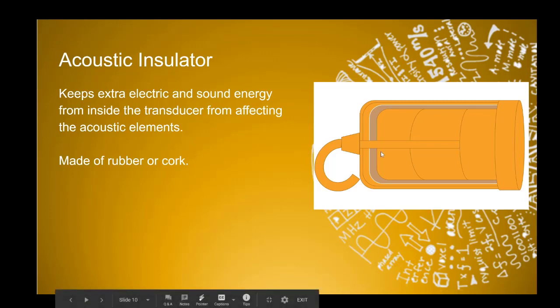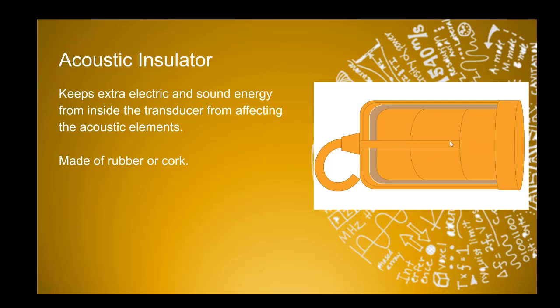The next layer out is the acoustic insulator. That again keeps electric energy and sound energy within the transducer from affecting the acoustic elements. So there's electricity coming in through the wire. There might be some extra ringing and pulsation once it hits the PZT crystal, and maybe the dampening or backing material can't collect it all.